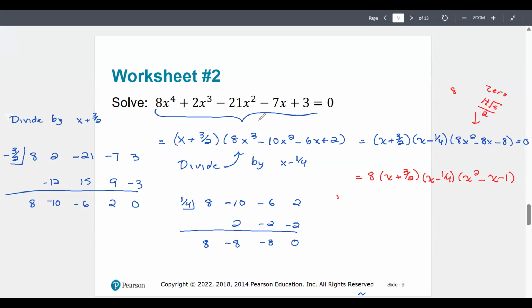So remember, this comes from a zero of -3/2. This zero was -3/2, and here the zero was +1/4. So the factor and the zero have a different sign. So we're going to write this as 8 times x plus 3/2, x minus 1/4, and then x minus 1 minus square root of 5 over 2, and x minus 1 plus square root of 5 over 2.